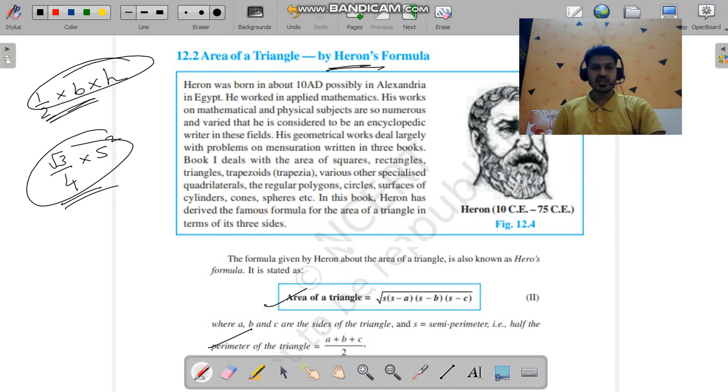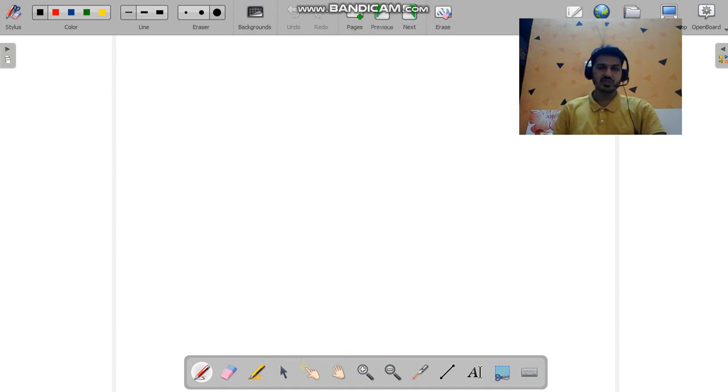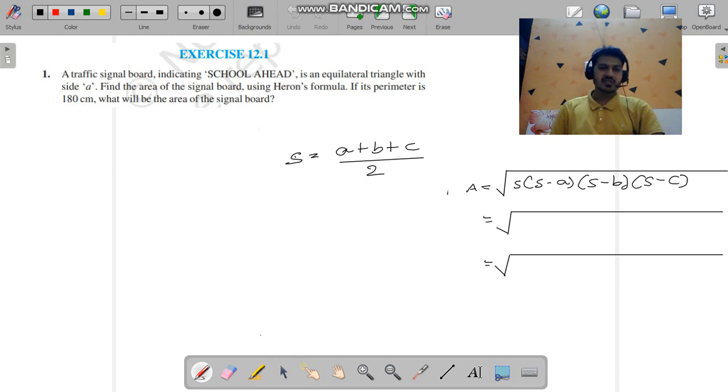For understanding in more detail, let us see certain questions based on this. Here you can see exercise 12.1, question number 1.